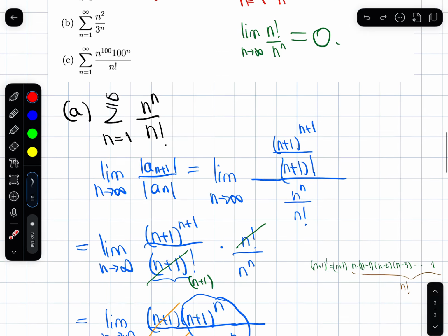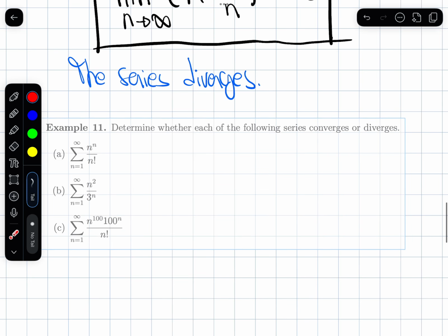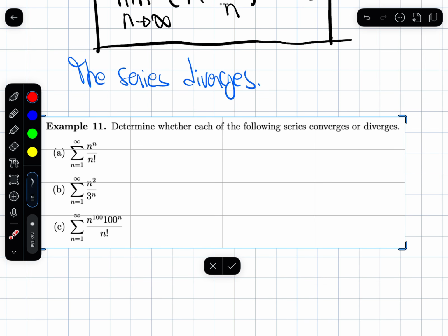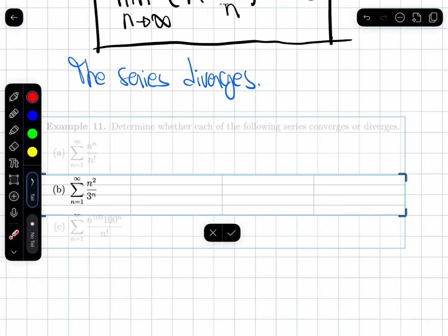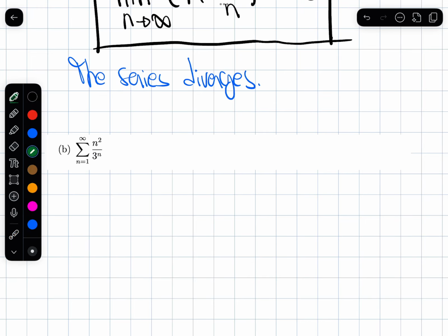This is sort of a sneaky way to ask you to check that you understand these limits correctly, these tests correctly. Here's another one, pretty easy with the ratio test. Limit of a sub n plus 1 over a sub n. So again, at the top, I make n slightly bigger by adding 1 to it.